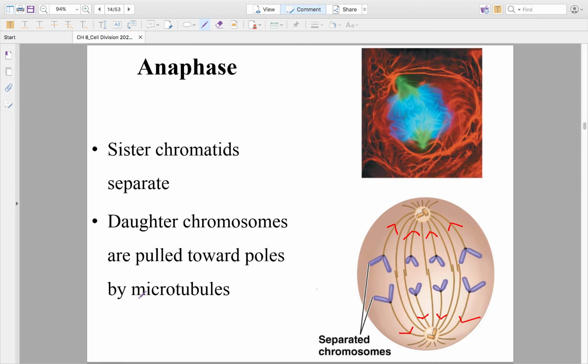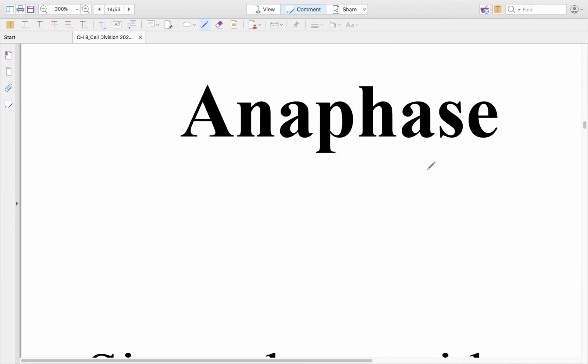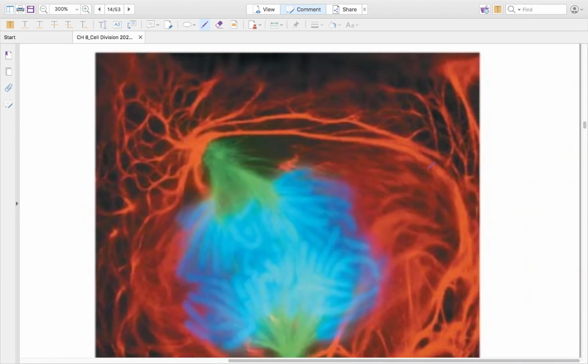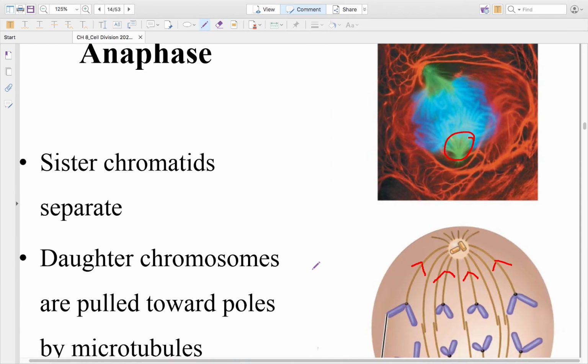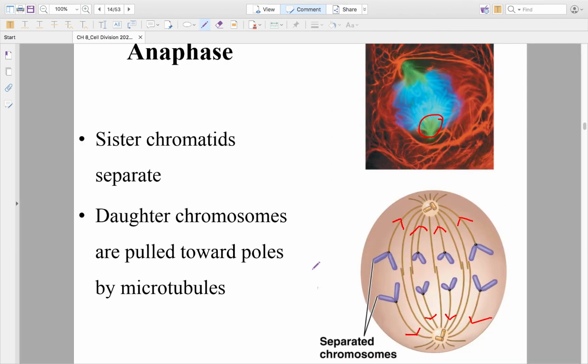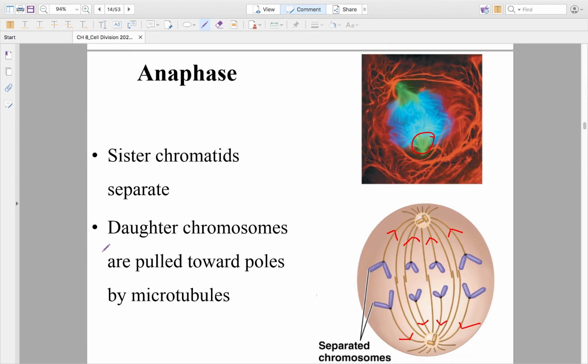And that's what's happening in anaphase. You can see that happening right here. See how they're pulled apart? And look at this, the mitotic spindle shortened. Perfect. So anaphase is when sister chromatids are pulled apart and separated.